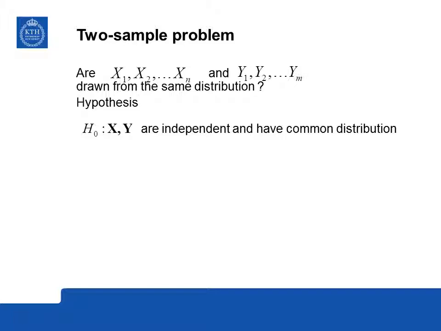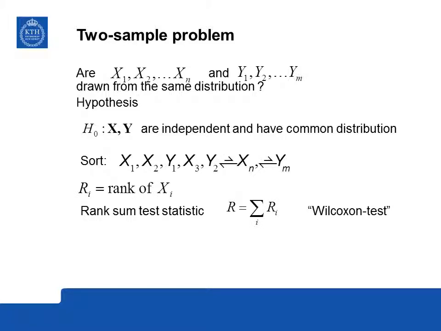And how do we approach this? Well, we form a test statistic here called the rank sum. And this is how it's done: we take the sample values x1 to xn and y1 to ym, and then we put them all in the same vector and we sort them according to size.